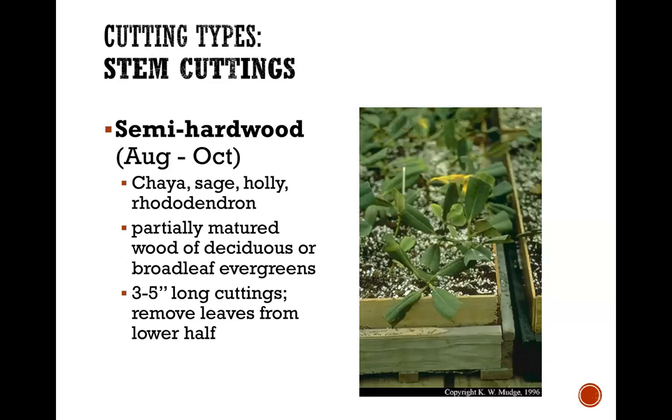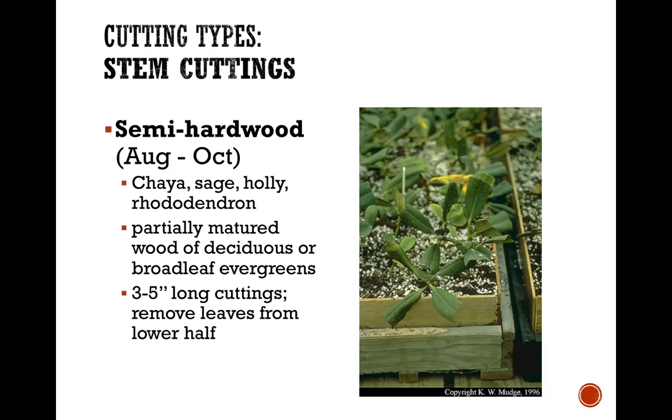Then sort of an intermediate between softwood and hardwood would be the semi-hardwood. This one you would do later on, late summer, early fall. And this could be things that are about to flower but haven't flowered yet, or have already flowered. So I guess you can kind of figure out that you want to avoid taking a stem cutting when the plant is flowering. Why?